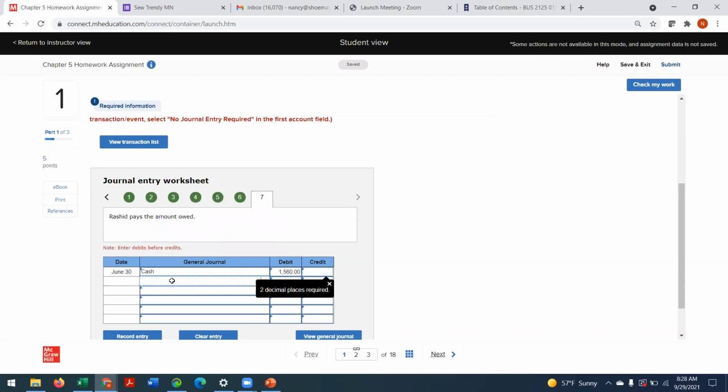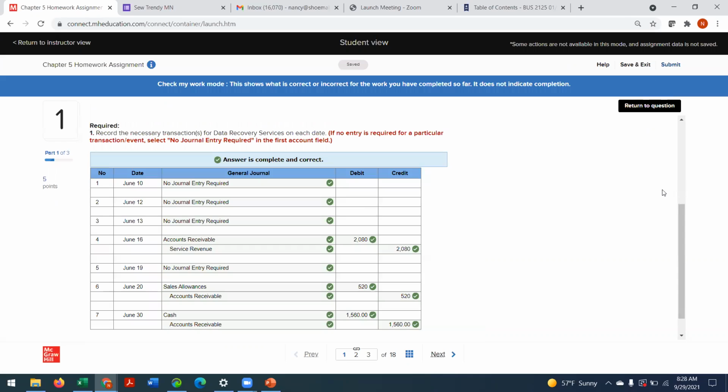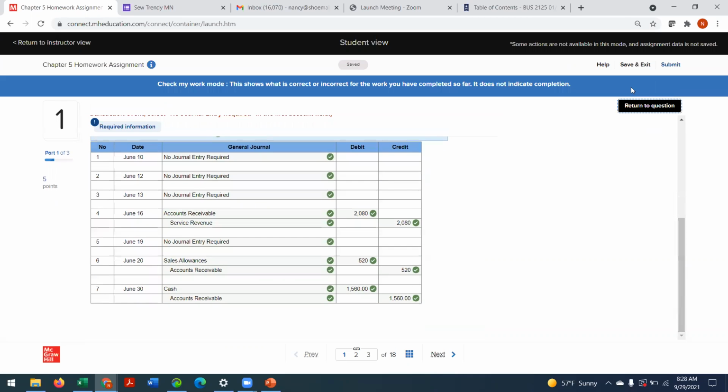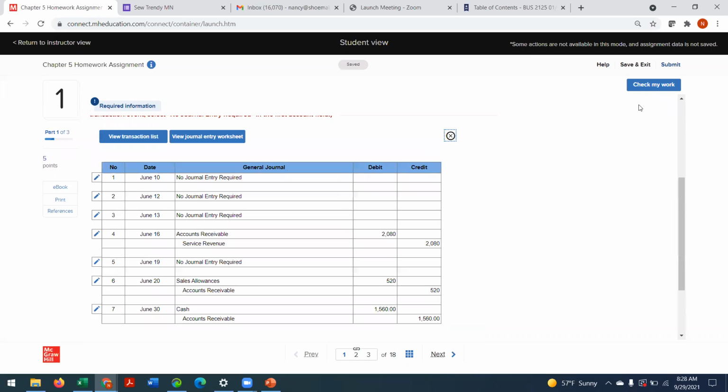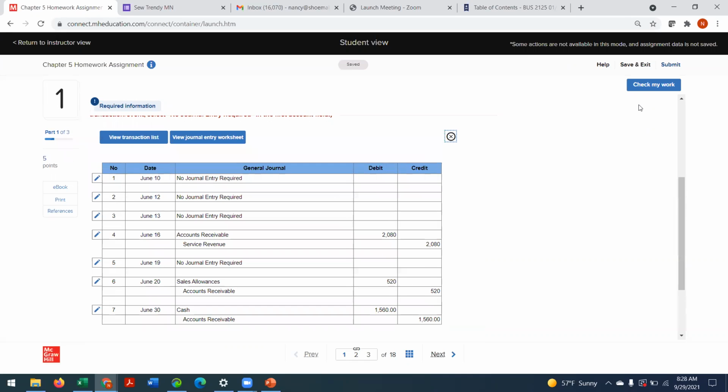And we would credit accounts receivable of 1,560. Let's make sure I did it right. Yep. Any questions, guys? Does this make sense? How's everyone doing?